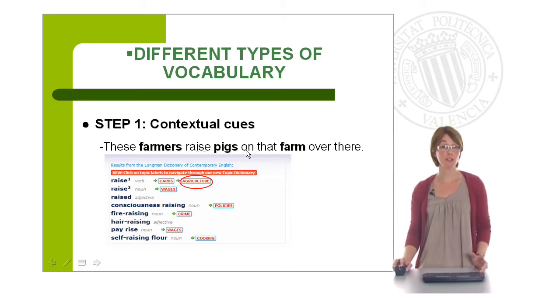It's not difficult to see from context that raise here is being used as a verb. So, if we go to the screen here and we look under raise as a verb, we find that raise as a verb is used in two main areas. The first one is cards and the second one is agriculture.